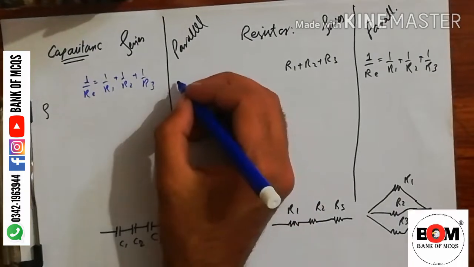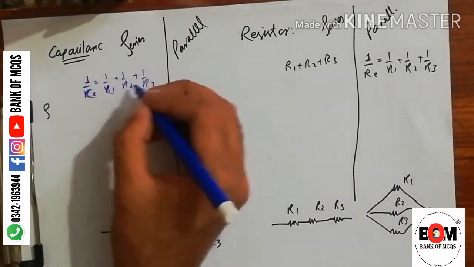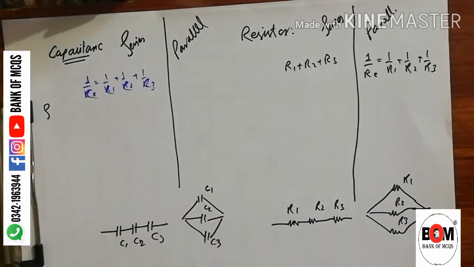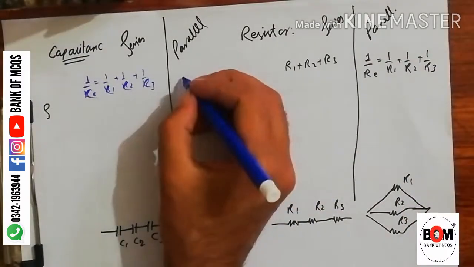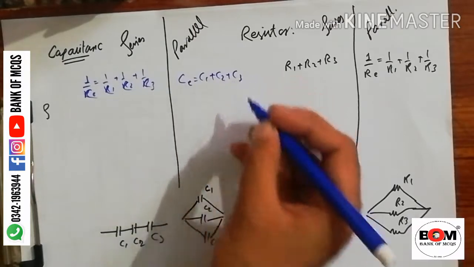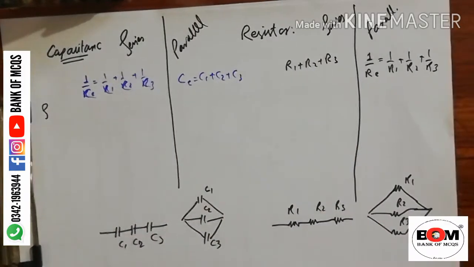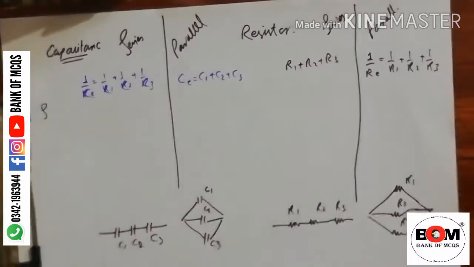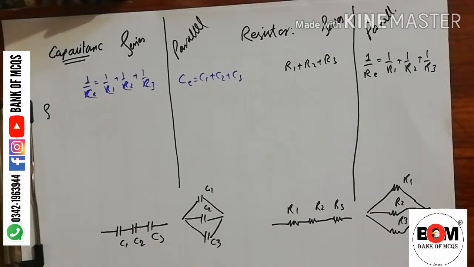In parallel, with capacitance 1, capacitance 2 and capacitance 3, C is equal to C1 plus C2 plus C3 plus Cn and so on. So this is for series and parallel.